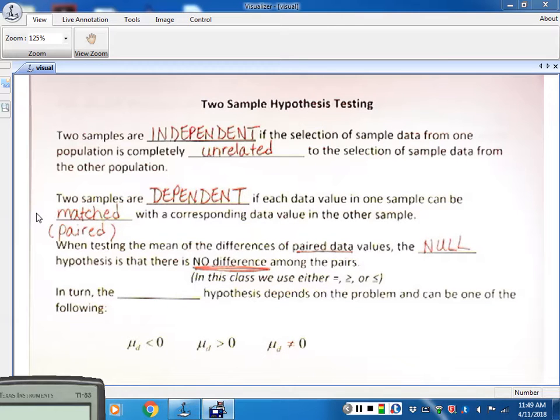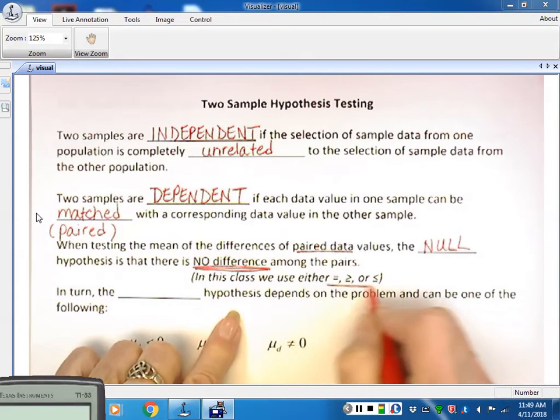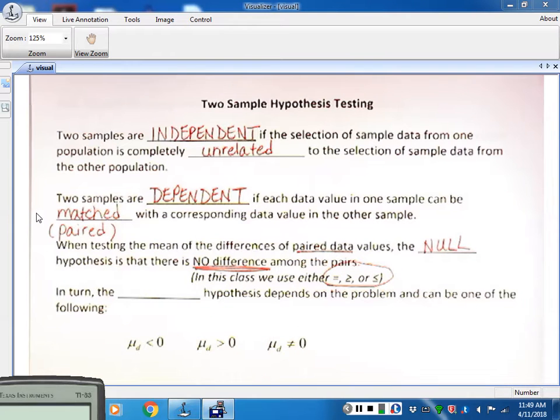When we say that the mean of the population is equal to this, we're saying there's no difference between the mean of the population and this number. They are the same. And in this class, remember, we can use any of those 3 symbols. They all 3 work.